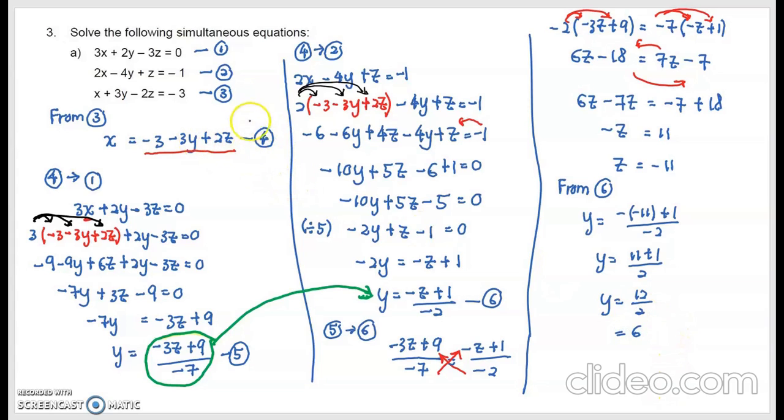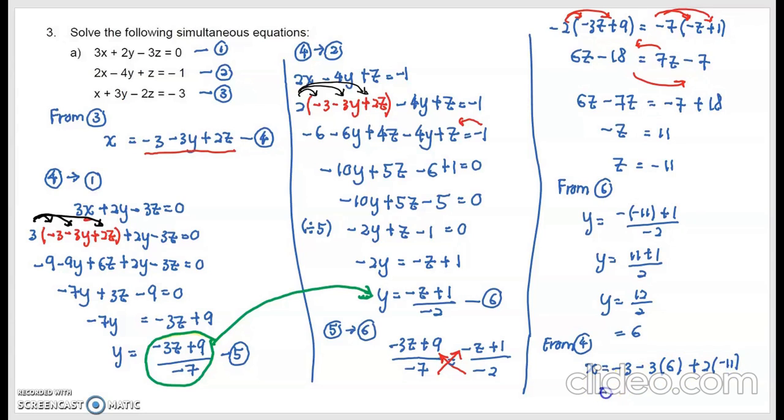Finally, I can choose equation 4 in order to find the value of x. From equation 4, x is equal to negative 3 minus 3y, y is 6, plus 2z. z is negative 11.